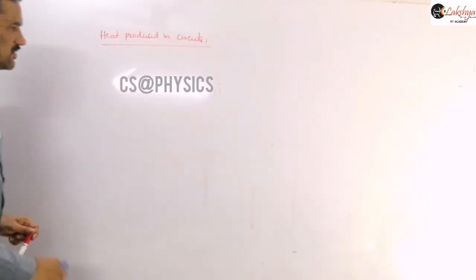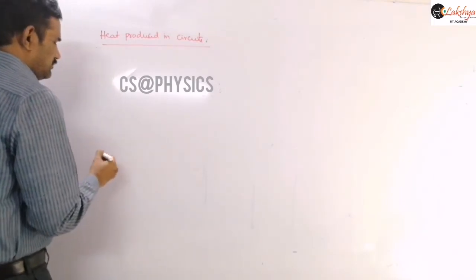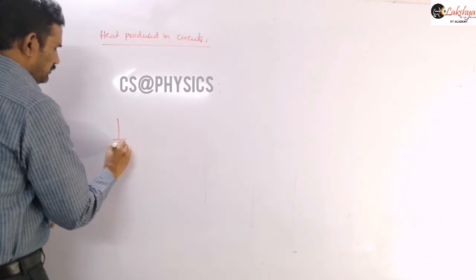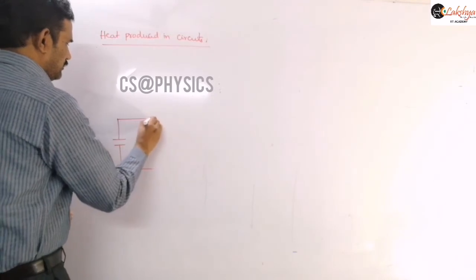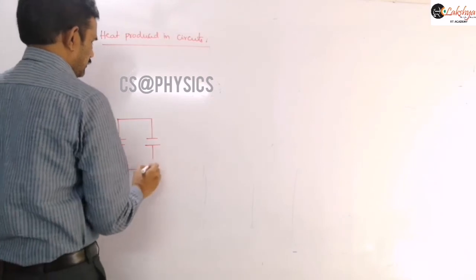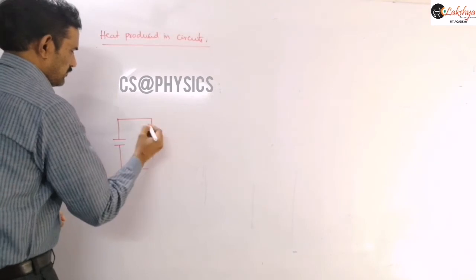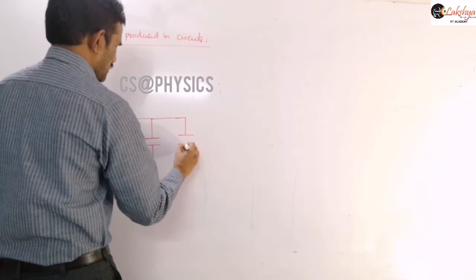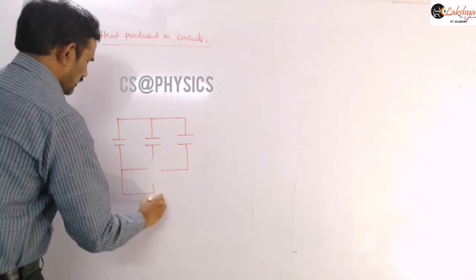So now let us draw this circuit here. Now the two-way key will be here, and here one more capacitor is there, and the battery is connected like here.